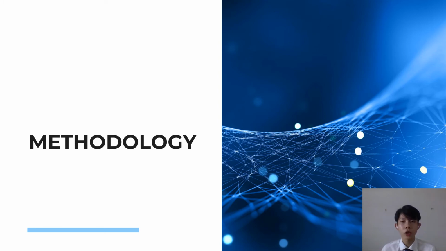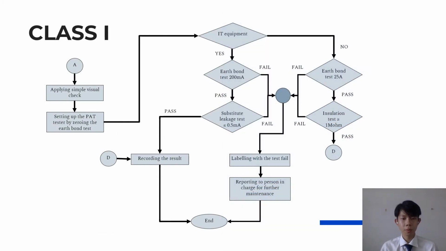Next, I'm going to present the methodology. This is the flowchart of the Class 1 operation. Firstly, we apply a simple visual check before testing by a PAT tester. After that, we set up the PAT tester by zeroing the earth bond test.